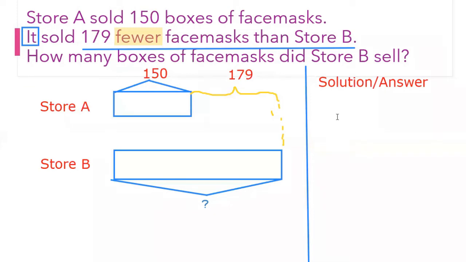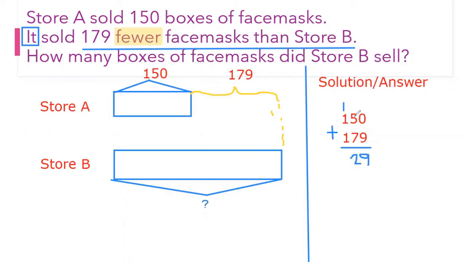So we have here 150 plus 179, and then we start adding. 0 plus 9 is 9. Then 7 plus 5 gives us 12, so 2 will be here and 1 will be regrouped.